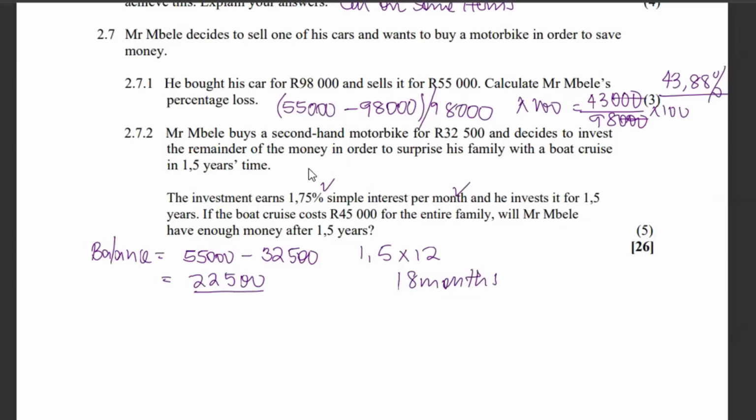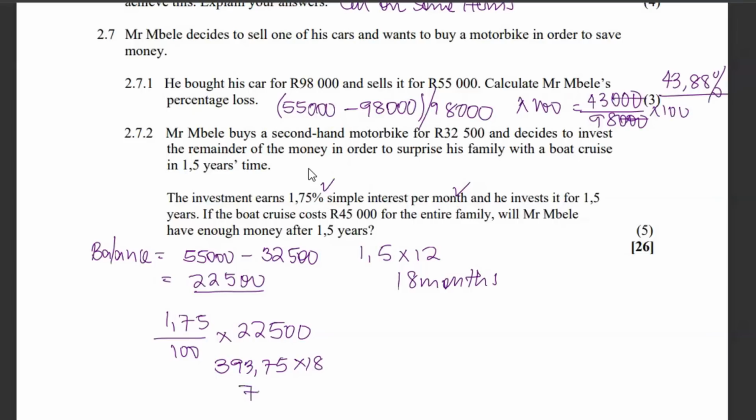So let's look at the investment now. We shall say 1.75 over 100 times 22,500. So the interest is 393 rands in only 1 month. What about the 18 months? How much interest will it be?